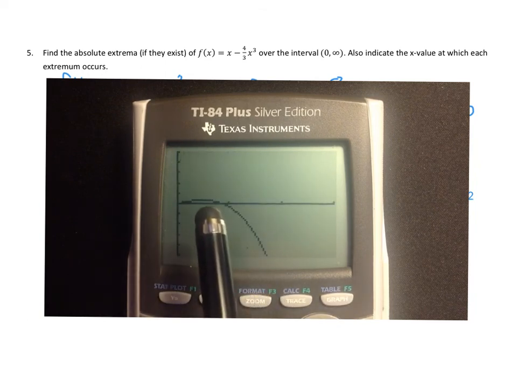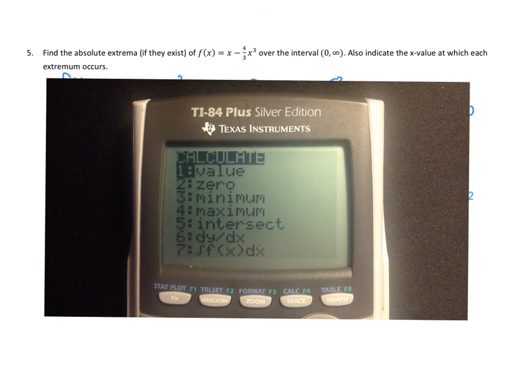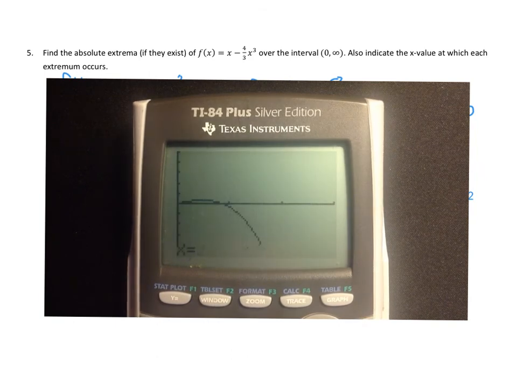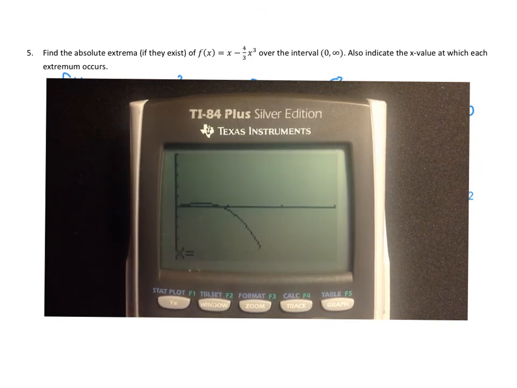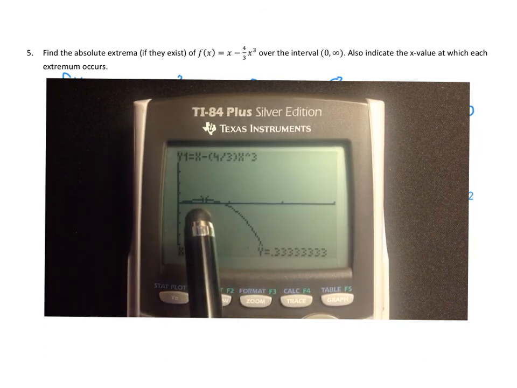Now to double check that absolute maximum, I can do it a couple ways. Hit second calc, hit enter for value, and then type in 1/2 or 0.5. Enter. And there we see that absolute max there at 1/2, and that absolute maximum value looks like 1/3.